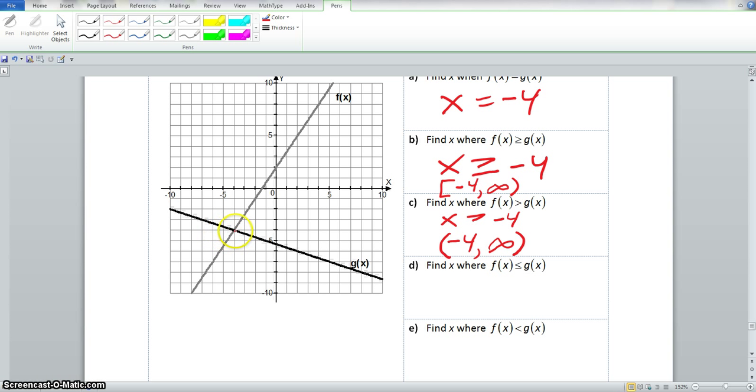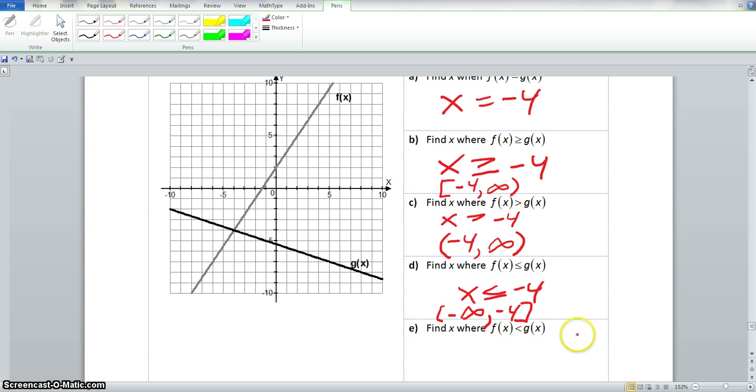If you look here, when x is less than -4, f of x is actually less than g of x, because if you notice, you would go down as x is less than -4. So x is less than or equal to -4. Now, in interval notation, we would start from -infinity and go all the way to -4, and the -4 is included.